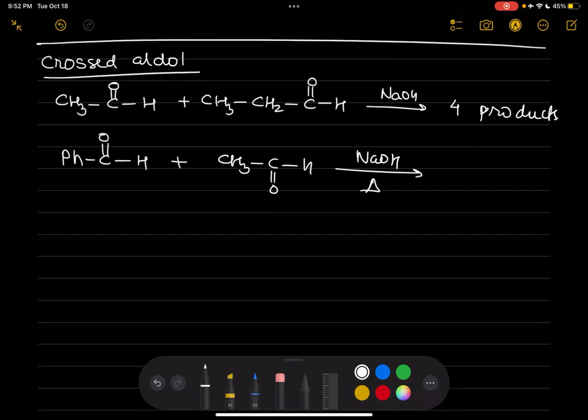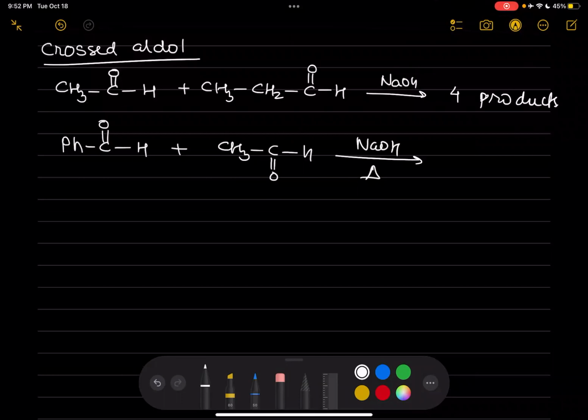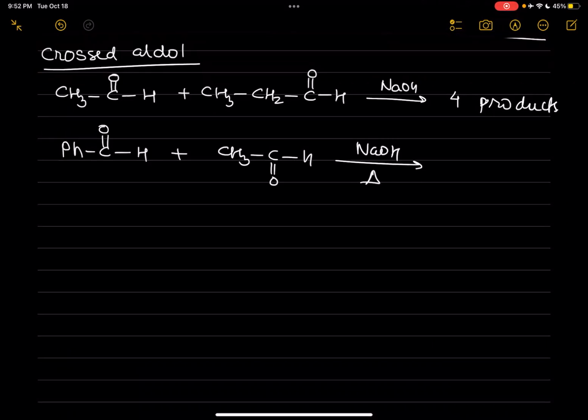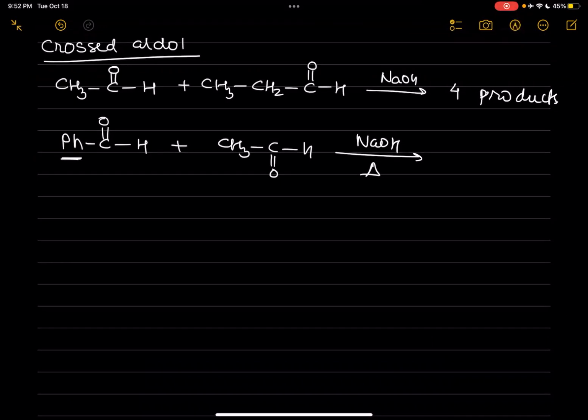Four products, sir. No, here you are not going to get four products. Only two. Why? Self-aldol will not take place for benzaldehyde, actually. This doesn't have any alpha hydrogen. So this will cut down to two products, right?